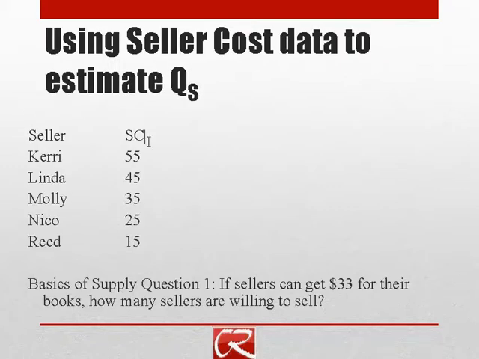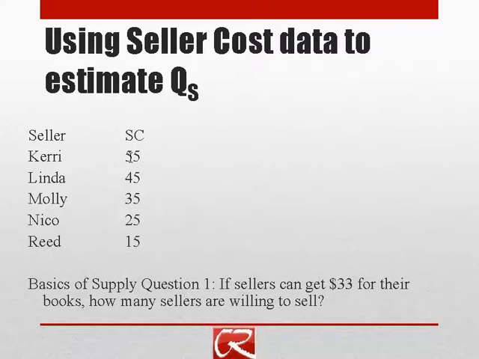So here are the 5 different sellers we have. We have Carrie, who has a seller cost of 55, Linda with a seller cost of 45, and so on and so forth here. And remember, sellers like high prices, and they don't want to sell for a loss.